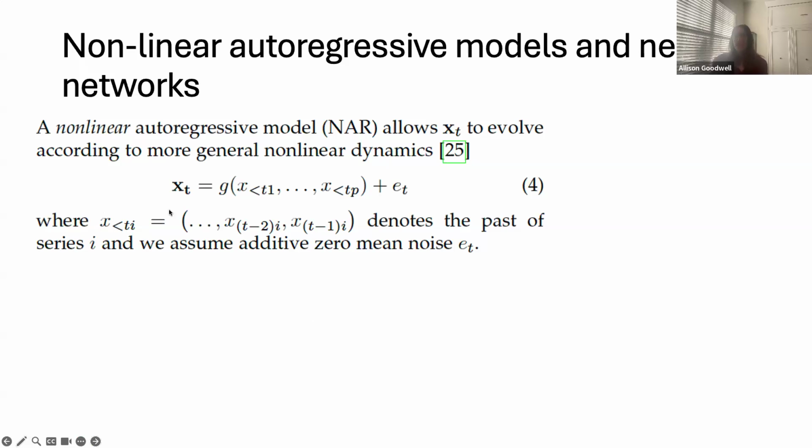Okay, so moving on to the nonlinear version. A nonlinear version of this is just allowing your dynamics to evolve to a more generic nonlinear dynamical equation, but similarly just based on the past values of x.